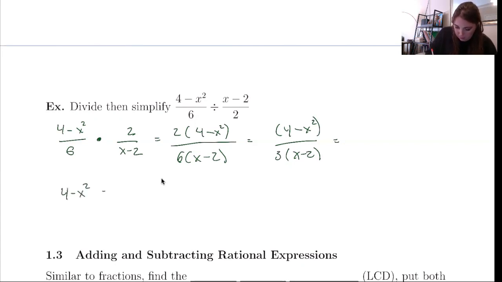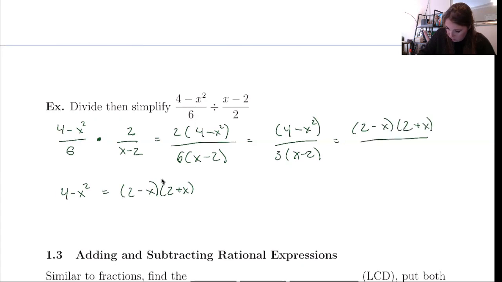So be careful. A good way to check if your factoring works is to multiply it back out again. So that's going to be 2 minus x, 2 plus x, over 3 times x minus 2.